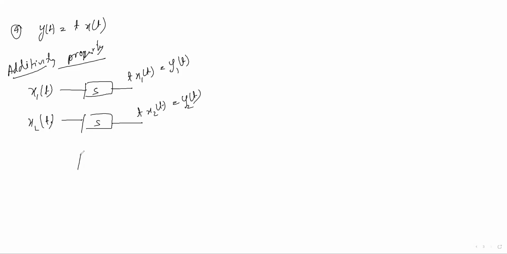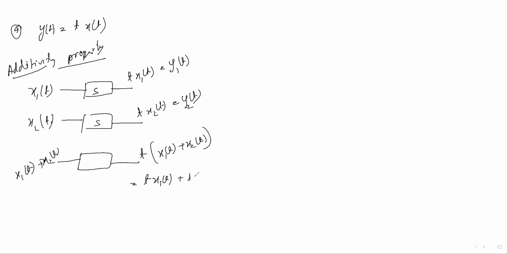If we sum up the signals, then the output will be t times x1 of t plus x2 of t, which is t x1 of t plus t x2 of t. This is nothing but y1 of t plus y2 of t.